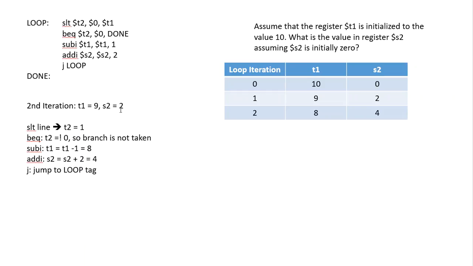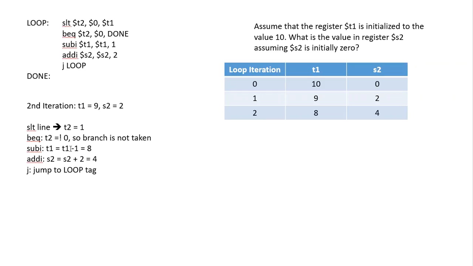Okay, and for the second iteration, I'm not going to go through it in as much detail. It's pretty similar. We have 9 and 2 as our initial values. T1 is still greater than 0 because it's 9, so our T2 stays 1. Our T2, still a 1, does not equal 0, so we continue on and do not branch.